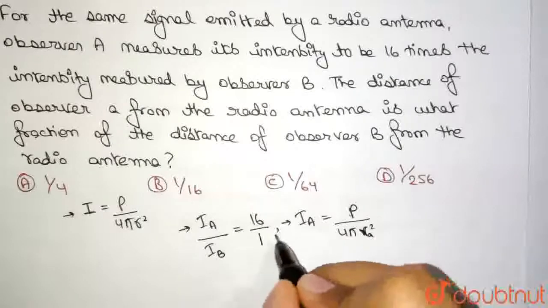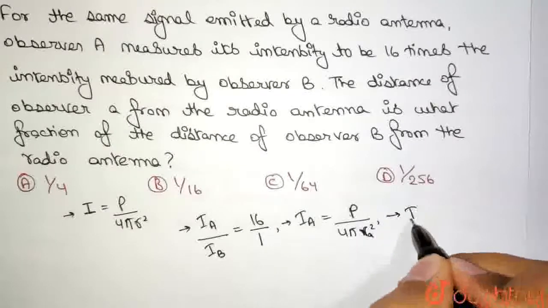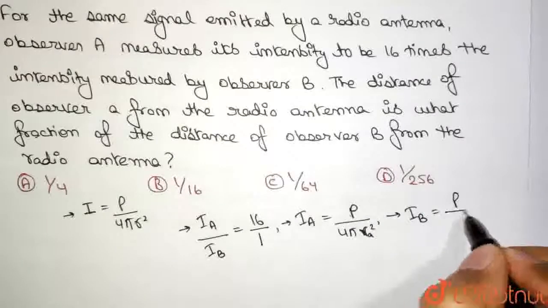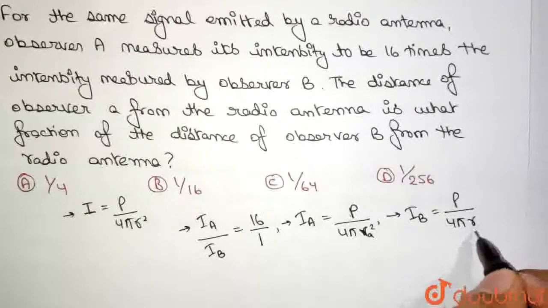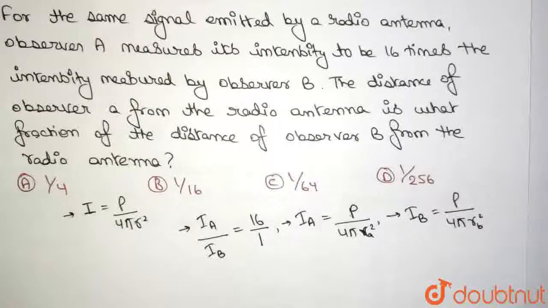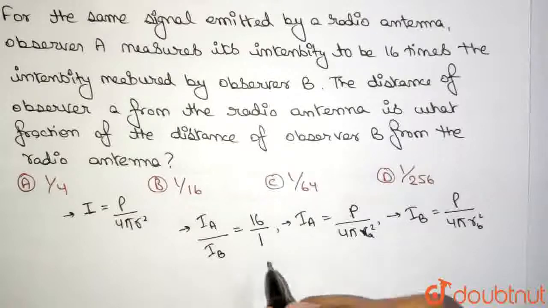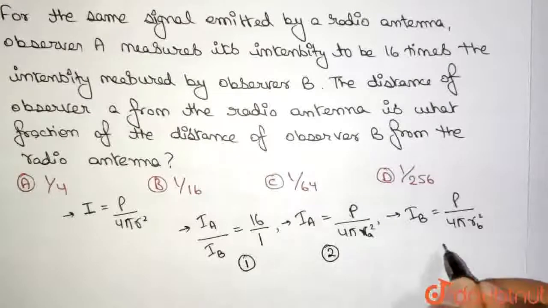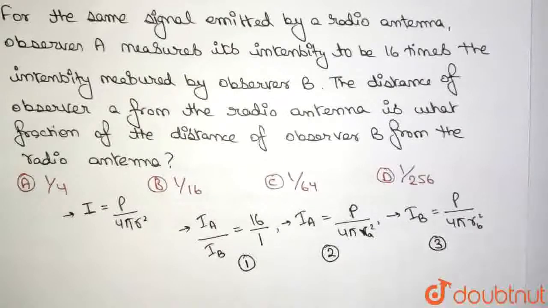And similarly, we could say intensity of B is equal to P upon 4 pi rB square, right? So we have three things. This is the first term, this is the second term, and this is the third term, right?